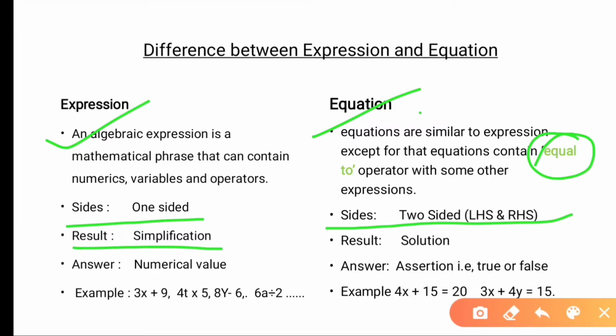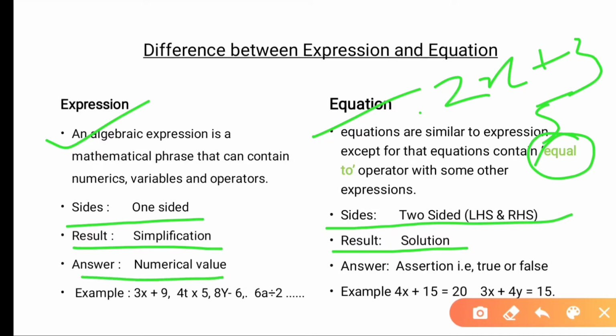For example, if I write 2x plus 3 and I know the value of x as 1, it becomes 2 plus 3, which is 5. We get the simplified answer. Whereas in an equation, we get a solution, a proof that left hand side is equal to right hand side. The answer is an assertion, true or false.